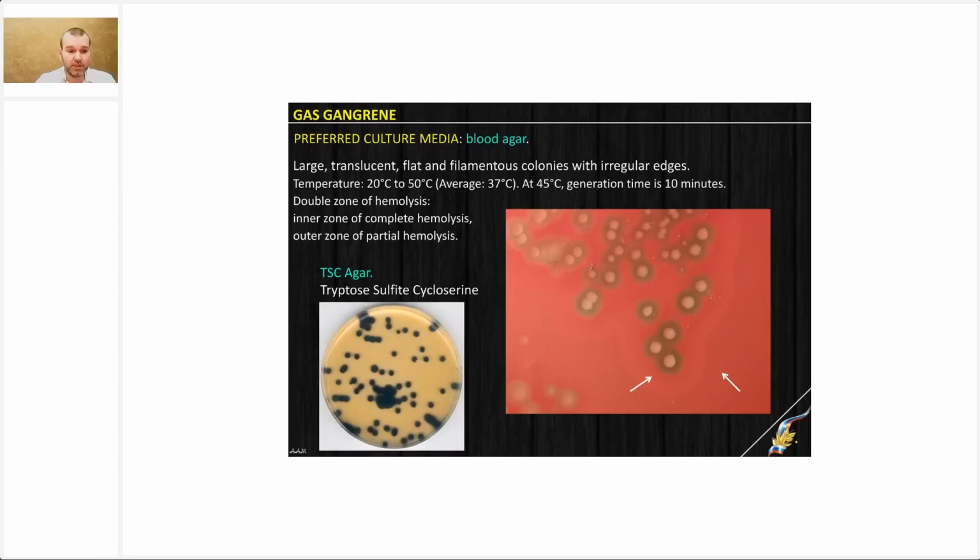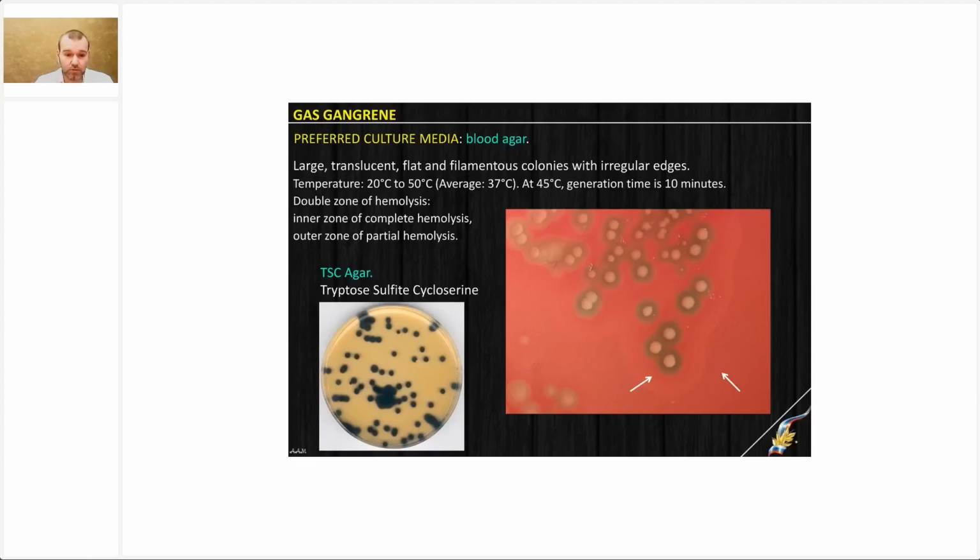If you cultivate the bacteria on blood agar, there is a unique property of Clostridium perfringens. It will have double hemolytic properties. As you can see in that picture, with the blood agar I marked with arrows, though it's still not very easy to see here, the colonies are white, large, translucent, but around the colony there is a darkened zone, a greenish hemolysis, alpha incomplete hemolysis, and around that zone you can see that complete hemolysis is observed.